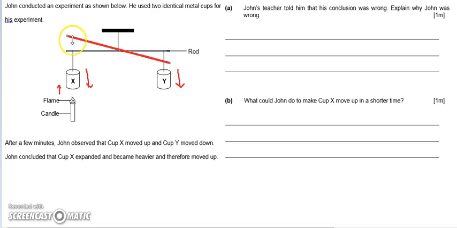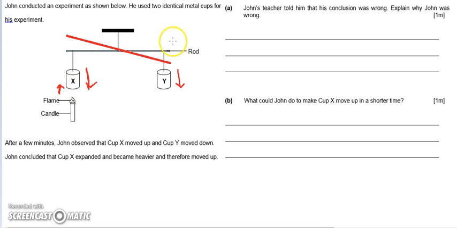The reason the balance is tilted is because of this little force pushing X upwards, making the total downward force here lesser than the total downward force here, because this force is pushing X up.